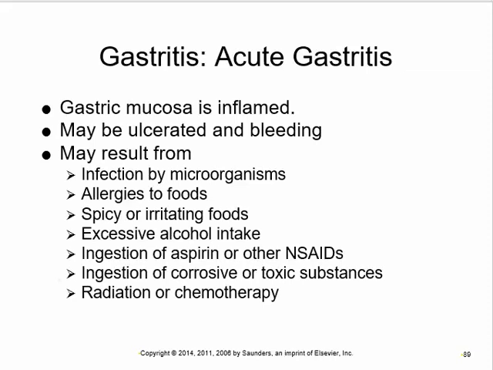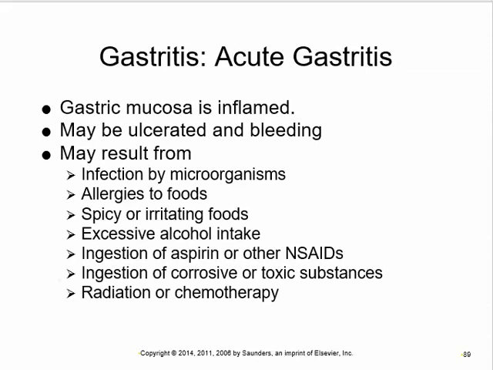Often the result of infection, food poisoning, microorganisms. Sometimes it's allergies to food, so that might be if you're celiac and you have gluten. Spicy or irritating foods will do it. As you start eating some ghost peppers, you might get some inflammation in the stomach.